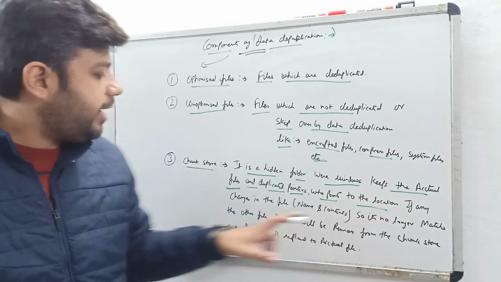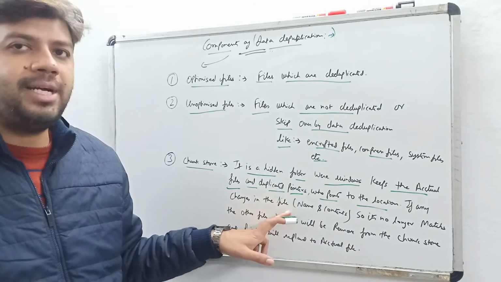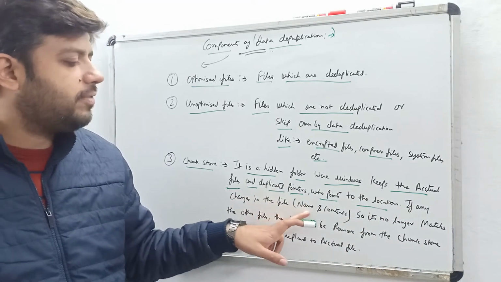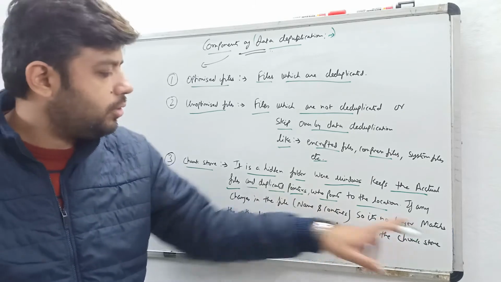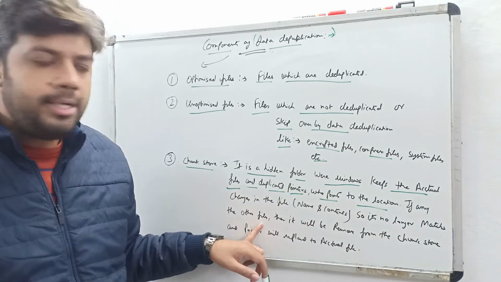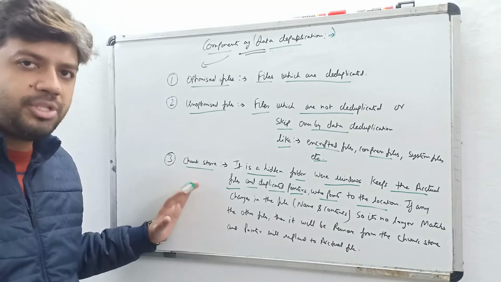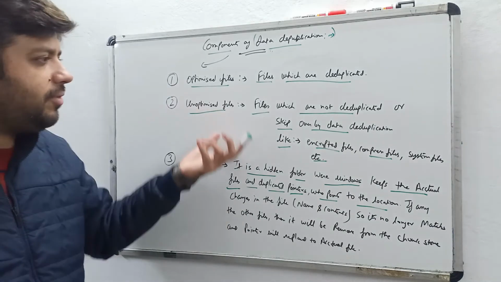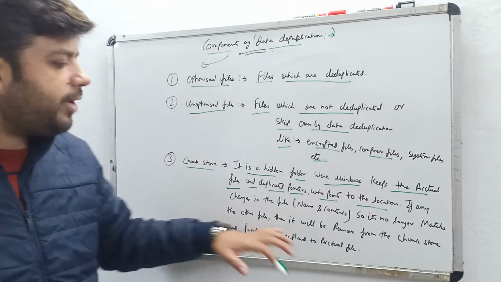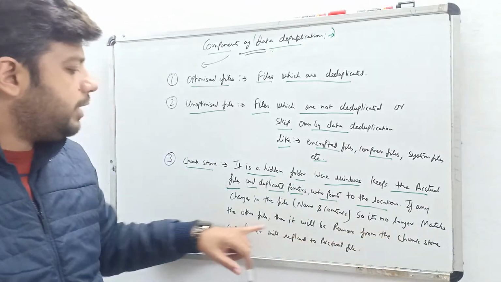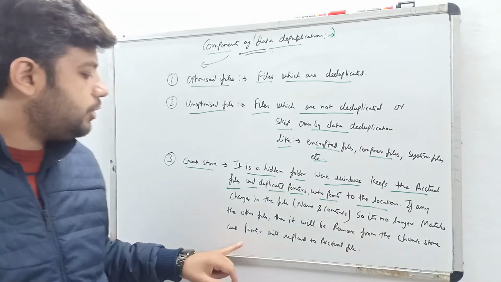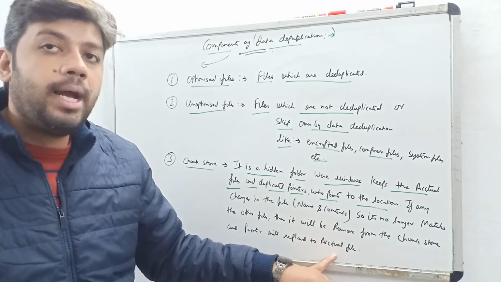If any user changes a file, like the file name or content, it no longer matches the other file. So if a user changes some content in the file, the original file does not match this file. After that, it is removed from the chunk store and the pointer is replaced with the actual file.